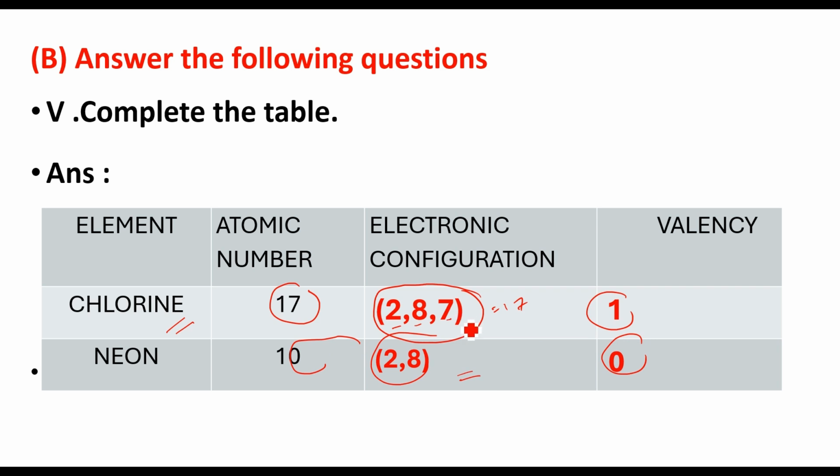The number of electrons required to saturate the outermost shell of an atom of any element is called valency. For chlorine, only one electron is required to complete the octet, therefore valency is 1. While in neon, the octet is already complete, so it will not share or gain electrons, it remains as it is, no more electrons are required, and therefore its valency is 0.